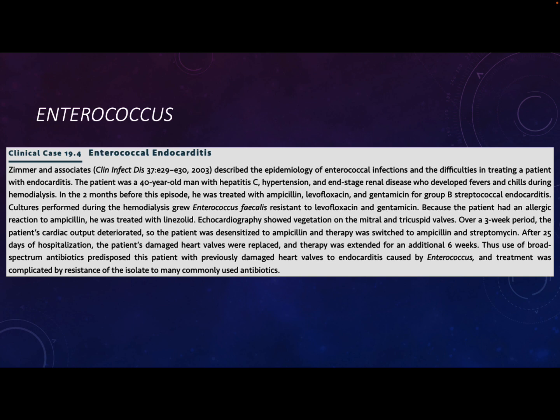You have a 40-year-old man who has hepatitis C, high blood pressure, and end-stage renal disease. So he's got problems. He developed fever and chills during dialysis, which is to treat the renal disease. In the 2 months before the episode, he had been treated with ampicillin, levofloxacin, and gentamicin for group B Strep.